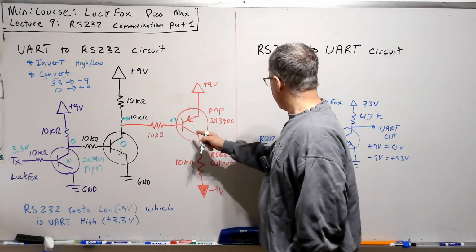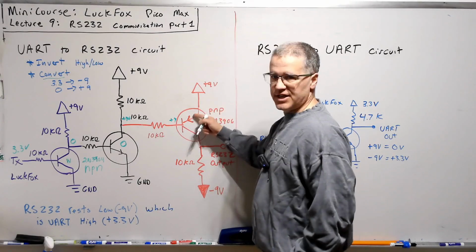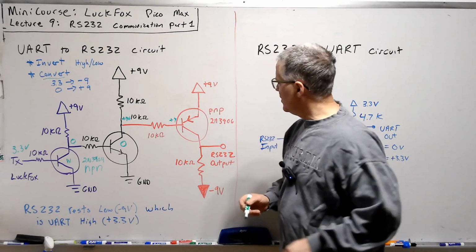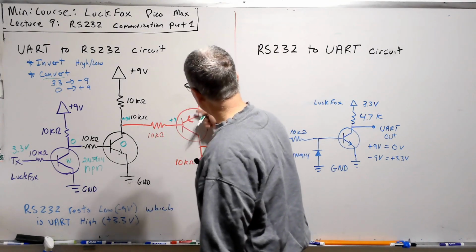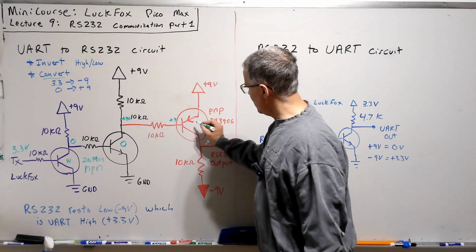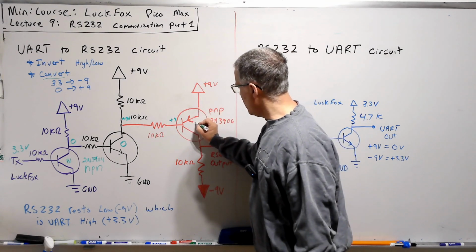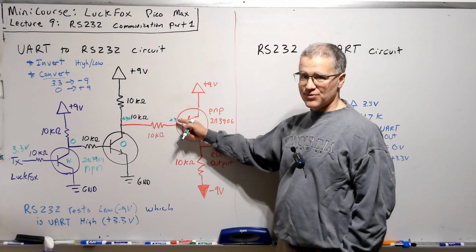So 9 volts here. Now the strategy here with tying this to the 9 volt rail is that there's no difference here, so there's not going to be any current flow, and so this is going to act as an open, right? So there's no current flow, even though there's 9 volts applied here.